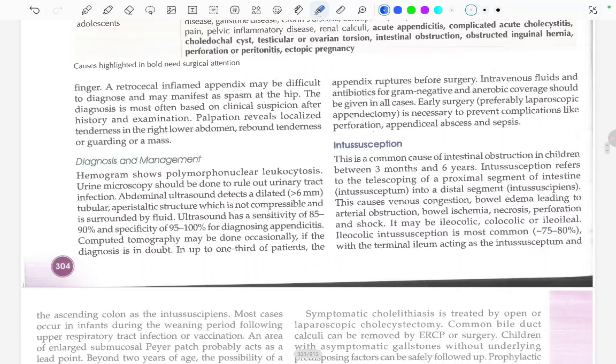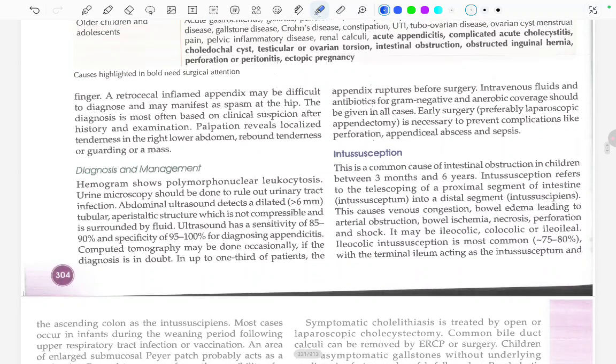In the diagnosis and management, hemogram shows a polymorphonuclear leukocytosis. Urine microscopy should be done to rule out urinary tract infection. So these are the things that can be seen in this. Leukocytosis may be seen. Urine microscopy should be done to rule out urinary tract infection. Abdominal ultrasound detects a dilated, more than 6 mm, tubular aperistaltic structure which is not compressible and is surrounded by fluid.